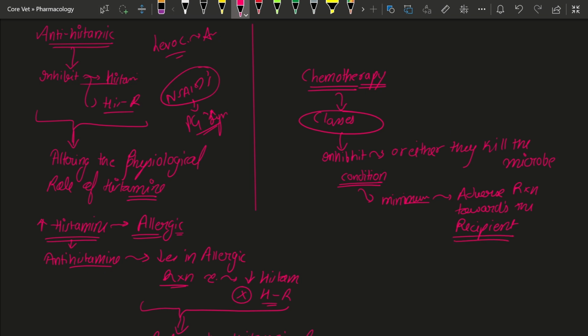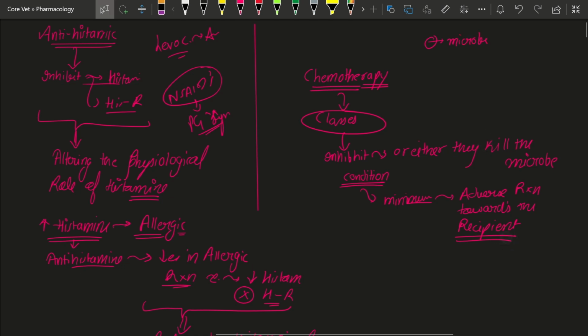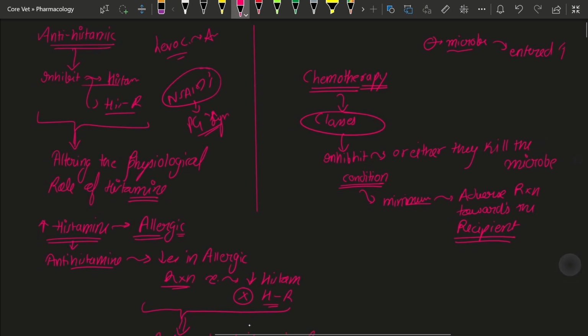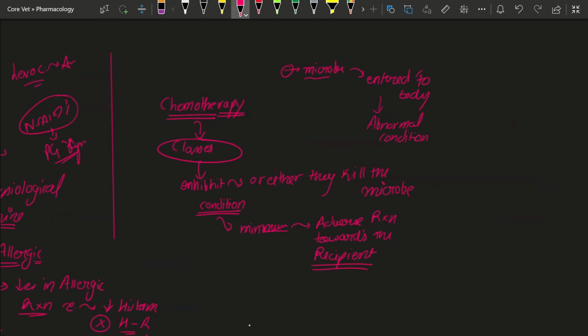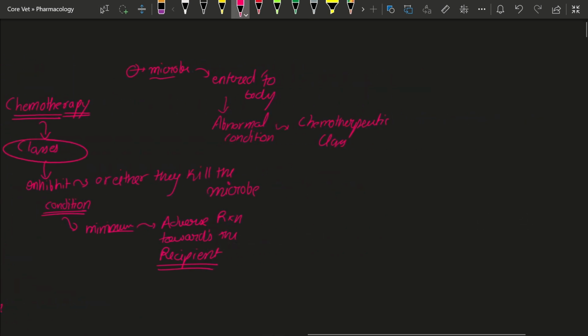So see an example. This is a microbe, and this microbe entered the body. Obviously, it will produce an abnormal condition, right? To counter that abnormal condition, we will give a drug from a chemotherapeutic class.